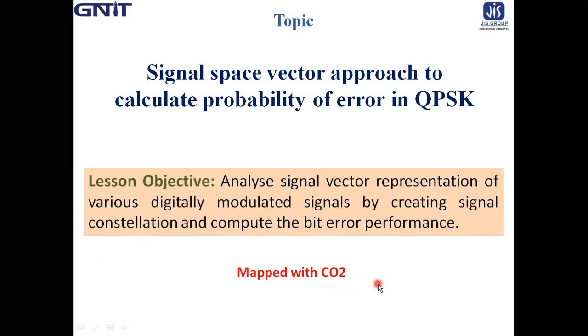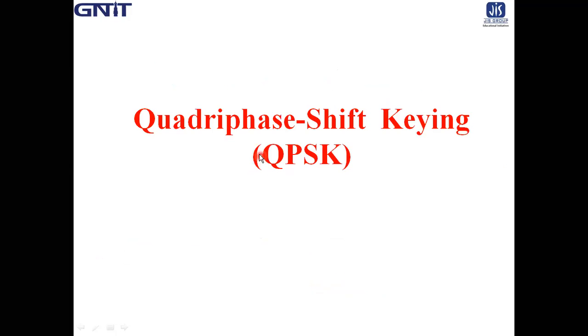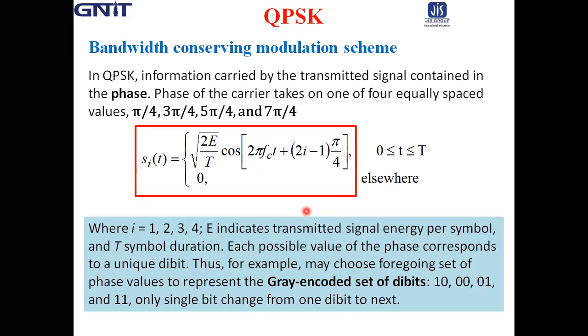So let us start lecture number 6 with the topic of quadrature or quadri-phase shift keying, which is abbreviated as QPSK. The provision of reliable performance, exemplified by a very low probability of error, is one important goal in the design of a digital communication system.